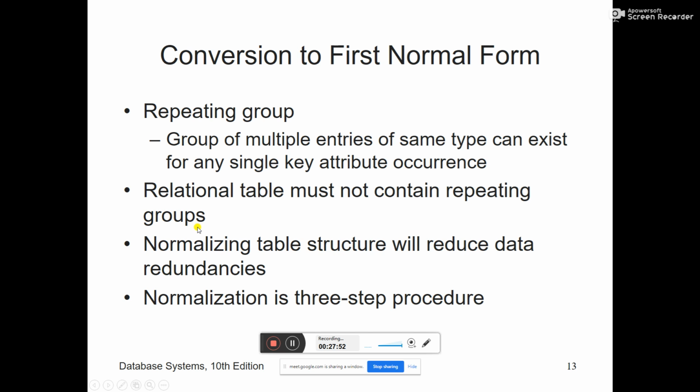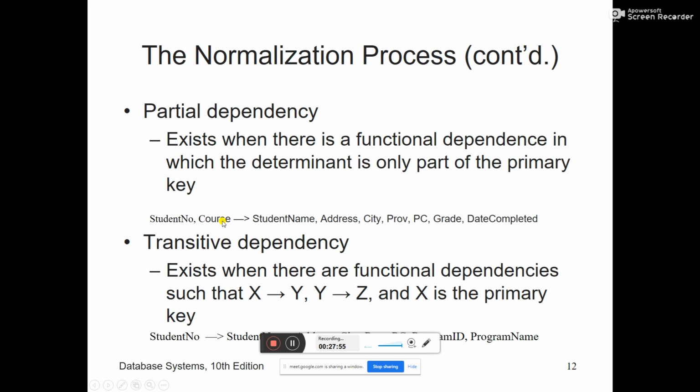Okay, we have a good example over here, like this one. We have student number and course. This is our primary key, and these are the non-prime attributes. Now if you look at the non-prime attribute, student name depends on student number, but does student name depend on course?